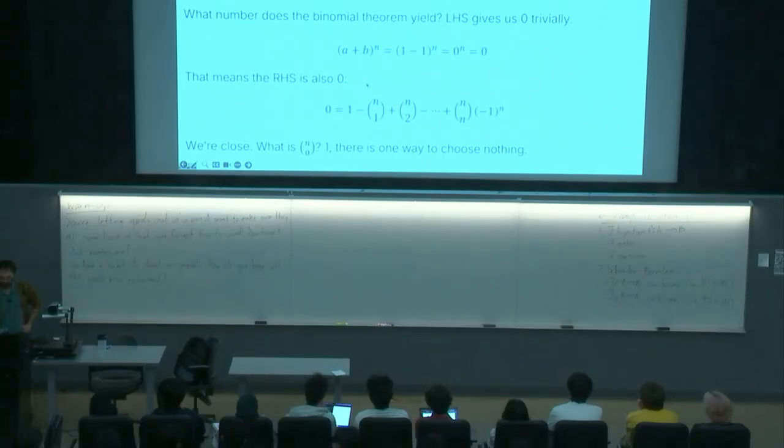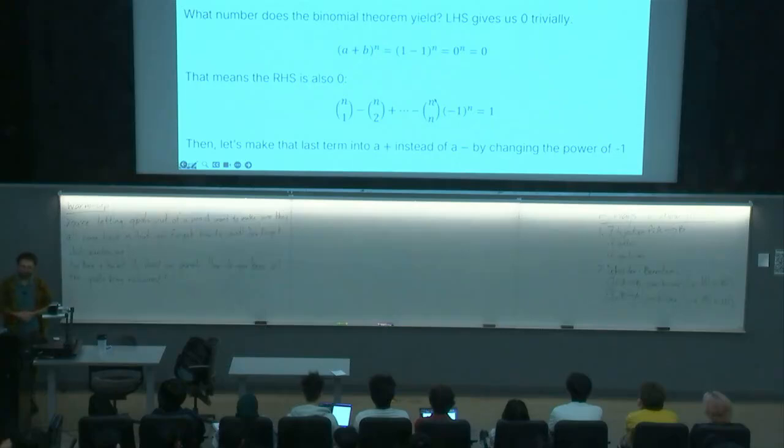So I'm going to do that by adding n choose 1 to both sides. Okay, there we go. Now I'm going to subtract n choose 2 from both sides. And I'm just going to keep repeating that process. And when I do that, the last step is I'm subtracting n choose n times -1 to the n, right here. I'm going to subtract this from both sides, and we end up with this right here. And then the last little algebraic trick is I'm going to say, I really want this to be a plus sign.